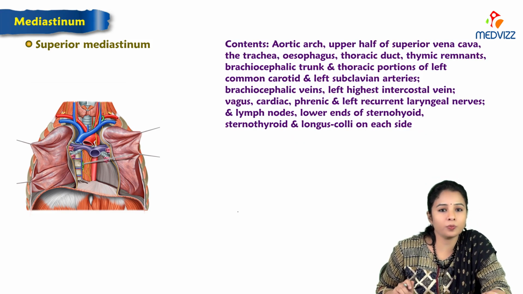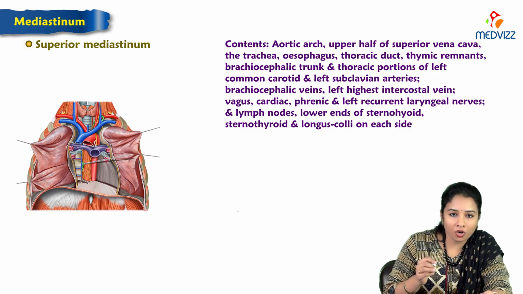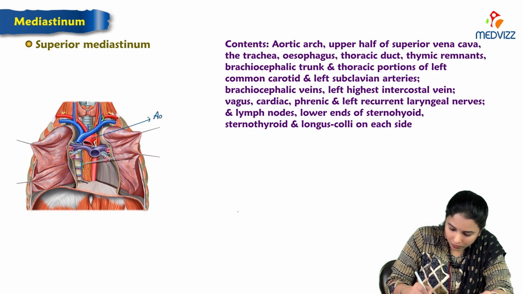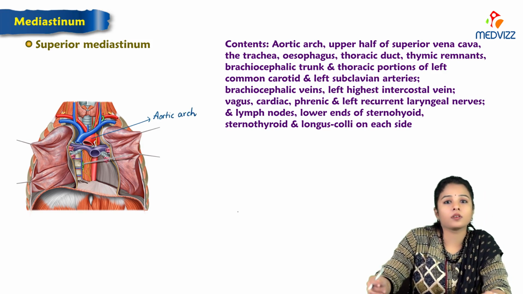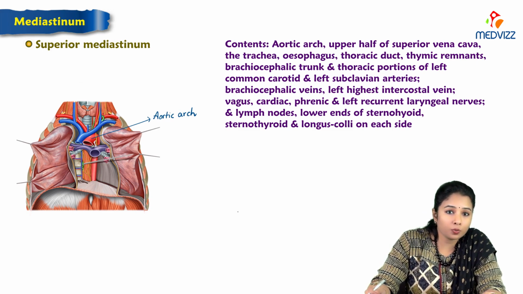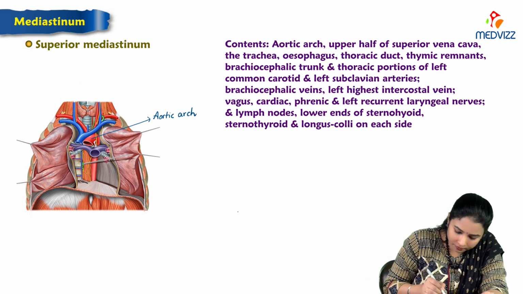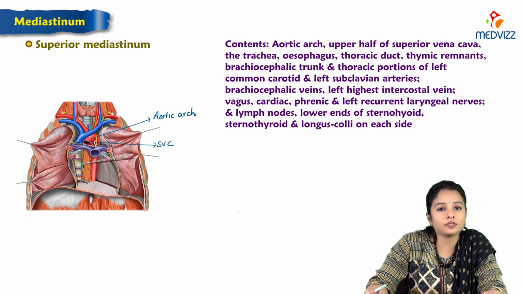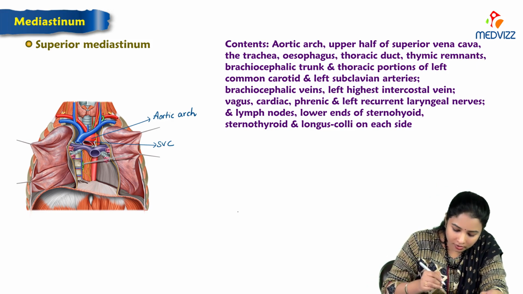So contents of the superior mediastinum: it has got the aortic arch, and upper half of the superior vena cava, and it is containing the trachea, esophagus, thoracic duct.